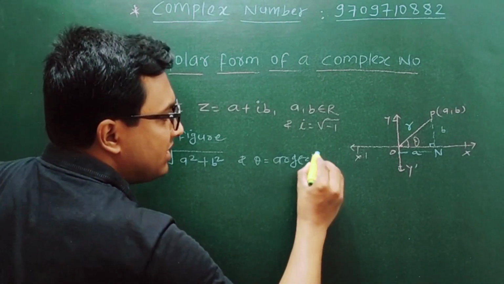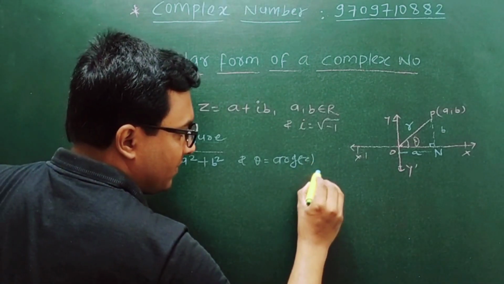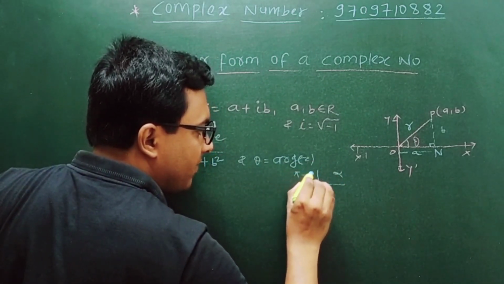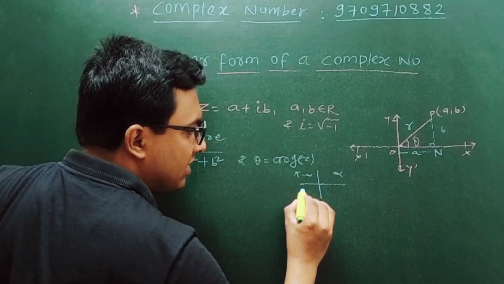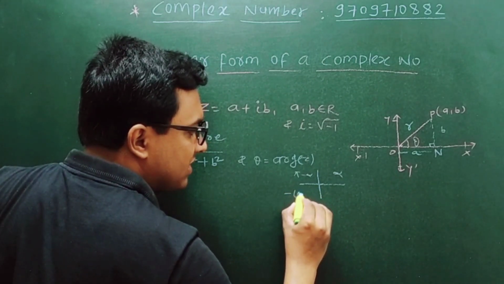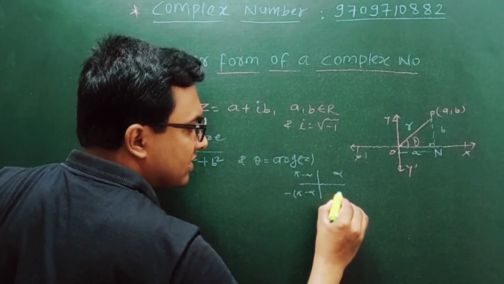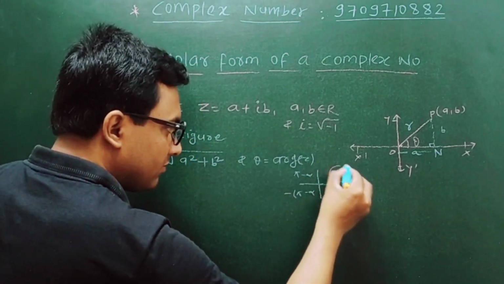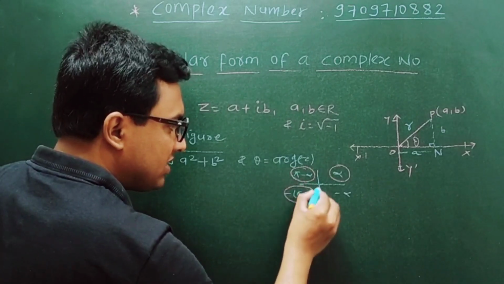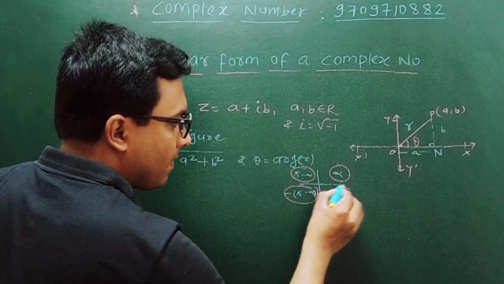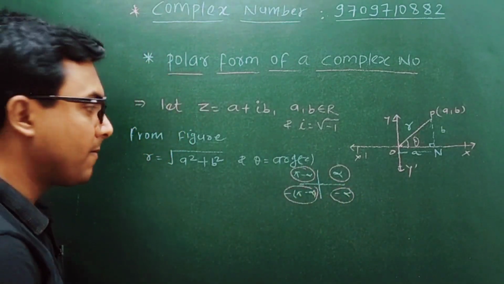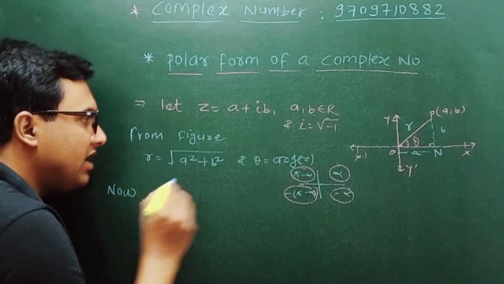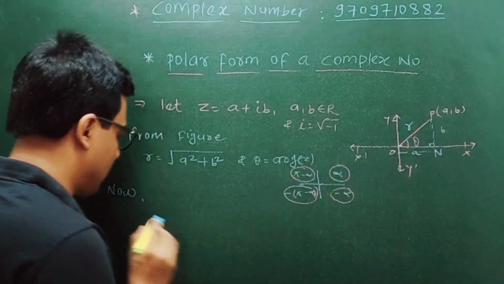For the principal argument of z, in the first quadrant it is alpha, second quadrant pi minus alpha, third quadrant minus pi plus alpha, and fourth quadrant minus alpha, right? Use this formula. Clear?